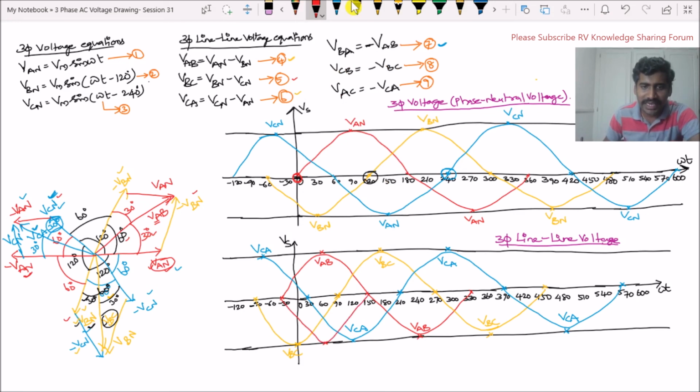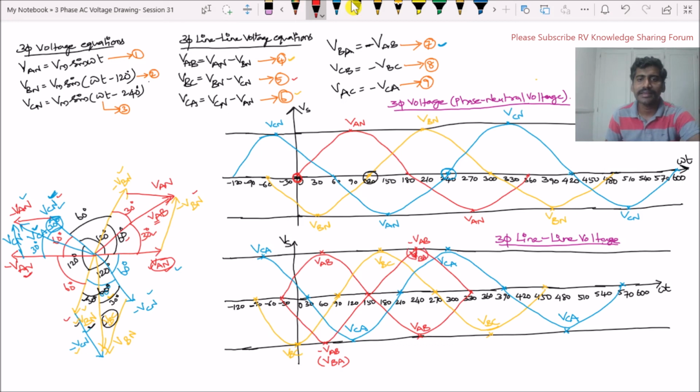So opposite to VAB is minus VAB. Minus VAB, according to equation 7, is the line voltage VBA. So just draw opposite to VAB. So this is minus VAB, which is nothing but VBA.